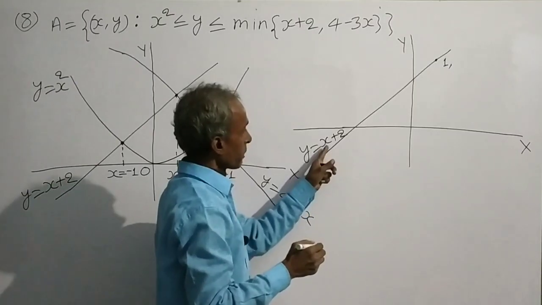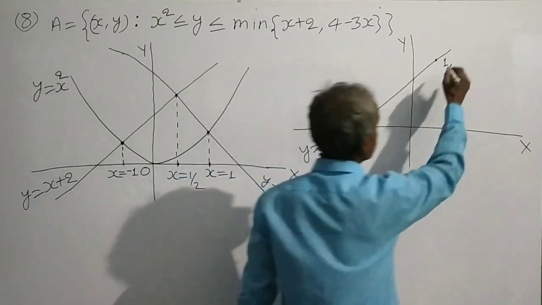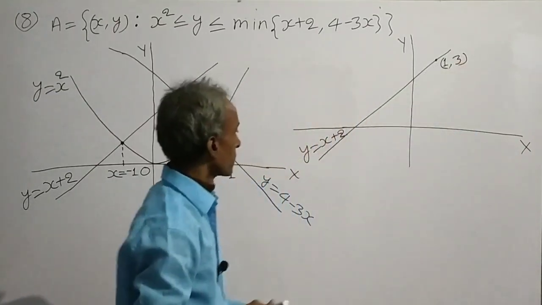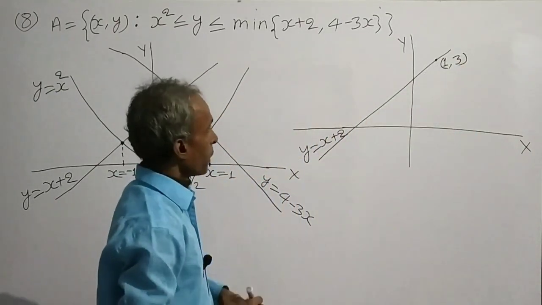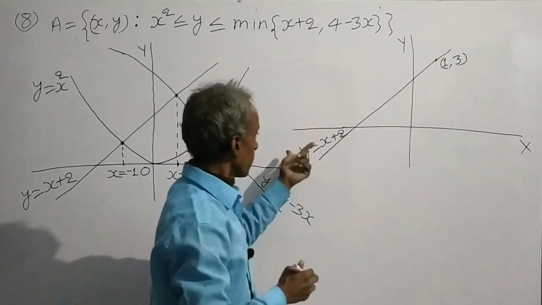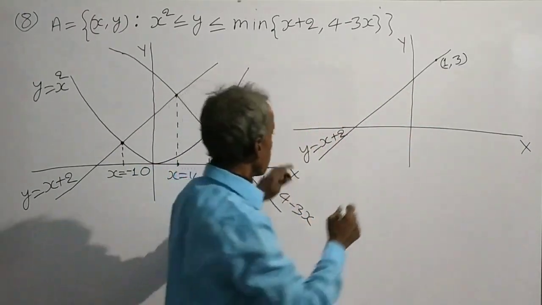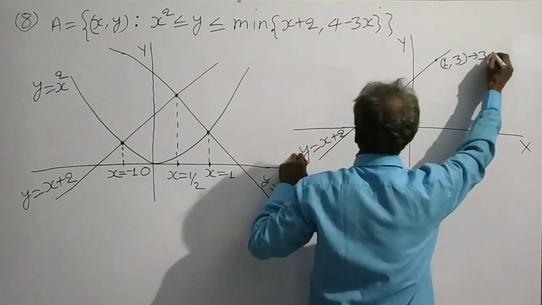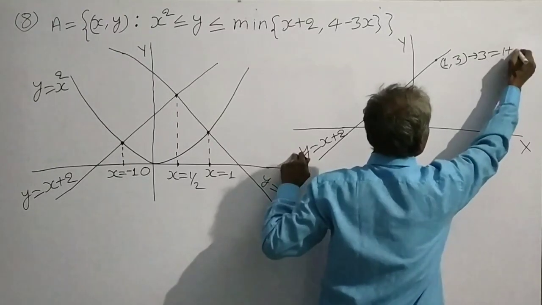Then the y coordinate will be 1 plus 2, that means 3. And when we put the coordinates of this point in this equation, we get 3 is equal to 1 plus 2.